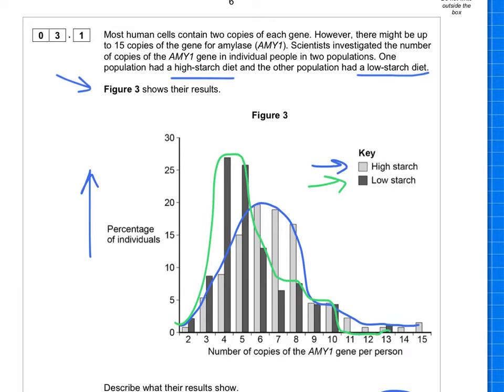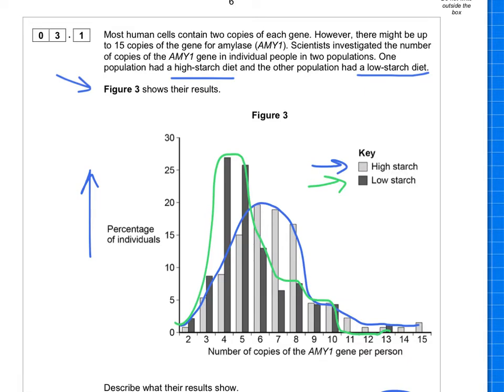Well, the first thing I notice is that with low starch there are actually fewer copies. So you can see most of the copies are in this region around here, and actually there's fewer copies. There's only a few individuals with 13 copies of low starch, but that's about it. Whereas high starch, you can see there are more copies.